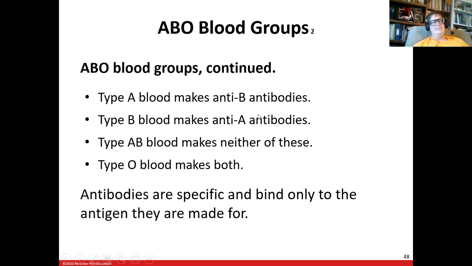But if you give that B person type A blood, all the red blood cells are going to get attacked because they've got this A on the surface, and the anti-A antibodies in the B person's blood will attack the A red blood cells. Now, type AB blood doesn't have antibodies against A or B. They're a universal receiver.